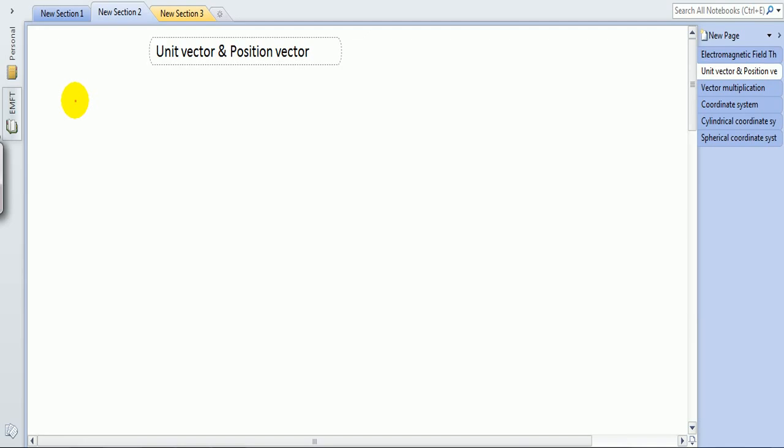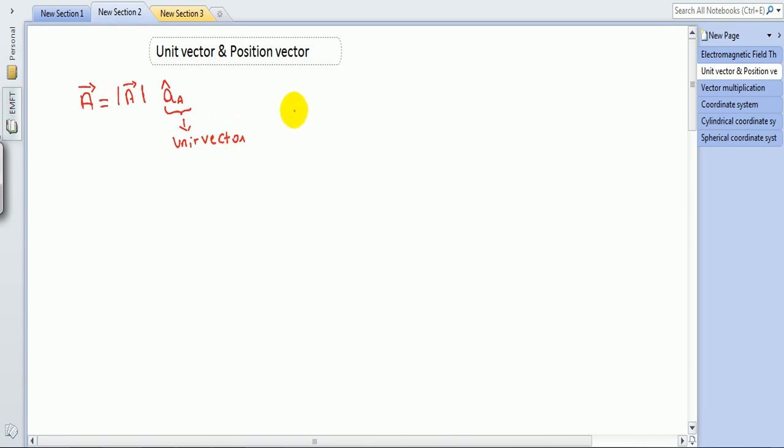A vector is one which is having its magnitude and some direction, and that direction is given by this unit vector.